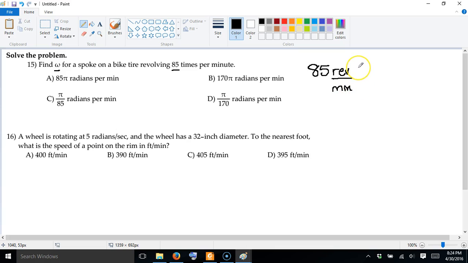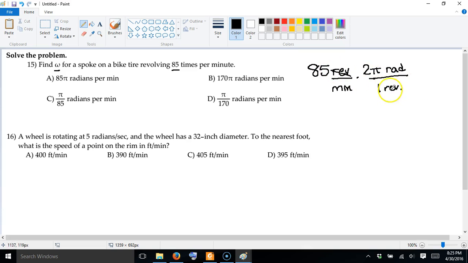Okay, so at this point, if you want to find angular speed and you are given revolutions per minute, the only thing that you need to do is multiply by 2 pi, because that's how many radians are in 1 revolution.